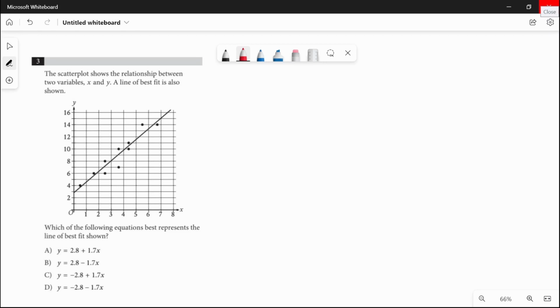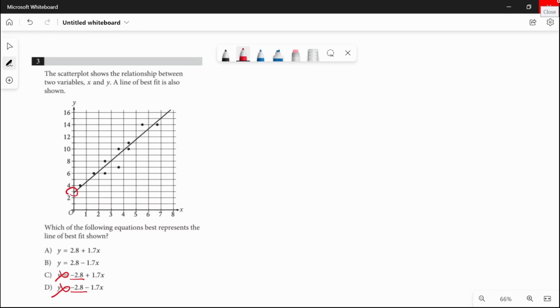Question number 3. The scatter plot shows the relationship between two variables, x and y. A line of best fit is also shown. Which of the following equations represents the line of best fit shown? So first let's have a look at the y-intercept. As you can see, the y-intercept is a positive value, therefore we can cancel both choice C and D because they have a y-intercept which is negative.